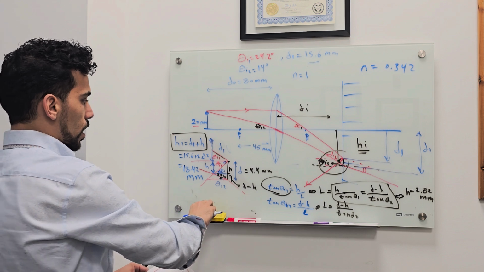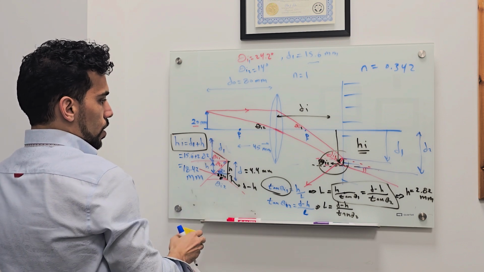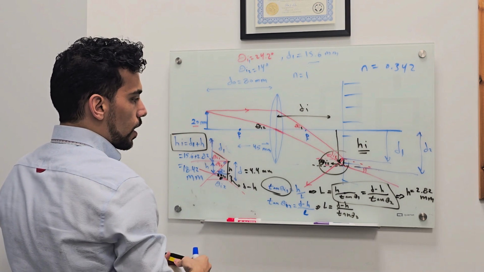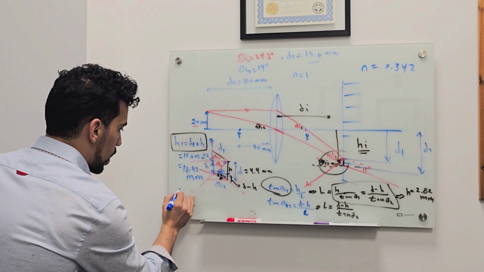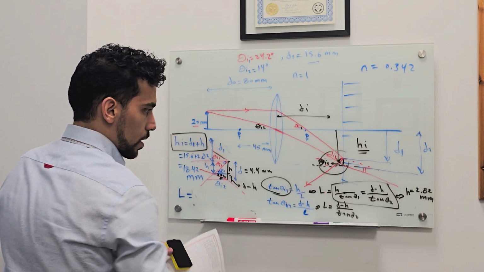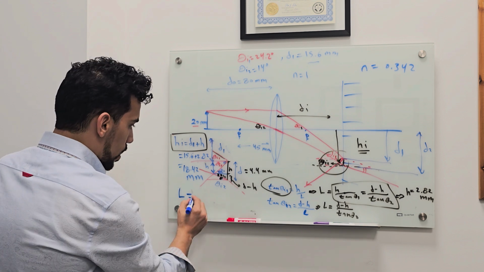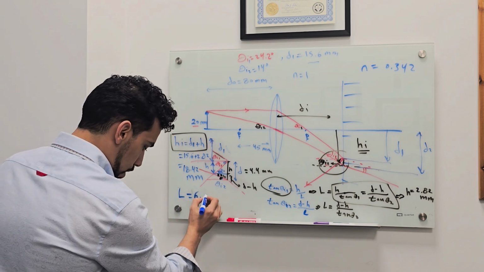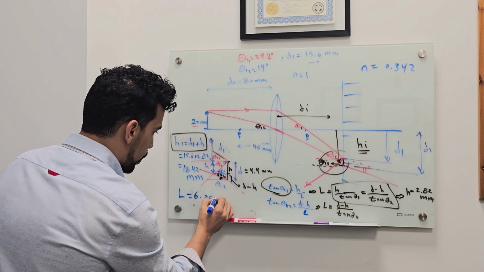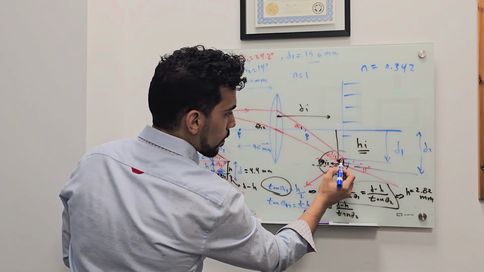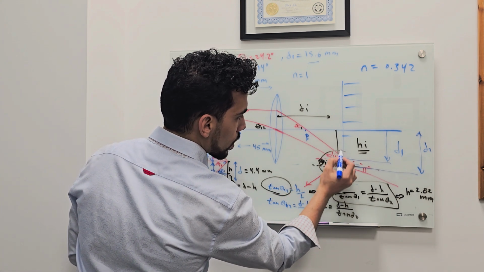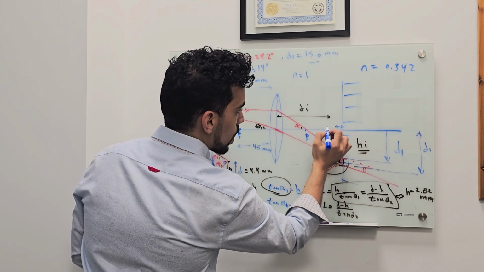Okay, so from this we can also get the L value. We have the H right now, so we can get the L. So the L is 6.35 millimeter. So this is the L basically. This is the small portion, which is this side.